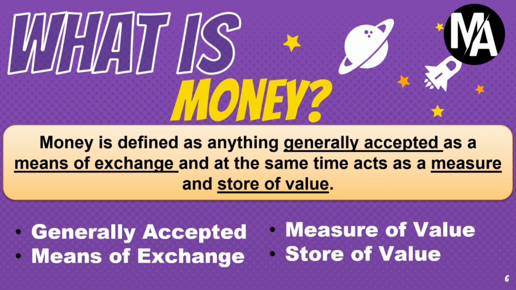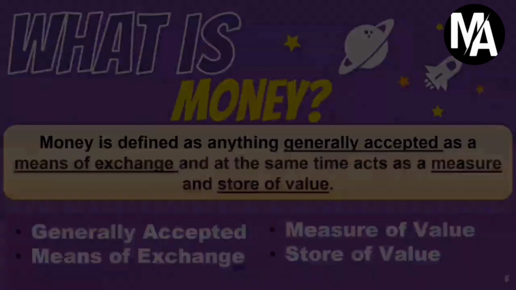And the final one is store of value, which means money can be easily stored in various forms. It can be stored in your bank accounts, in your mutual funds, or invested in stock markets or businesses, and so money can be stored and it does not perish. So this is how money has replaced the barter system.